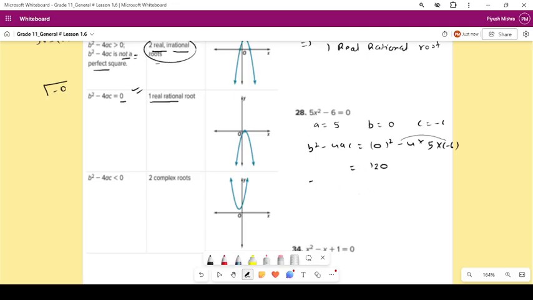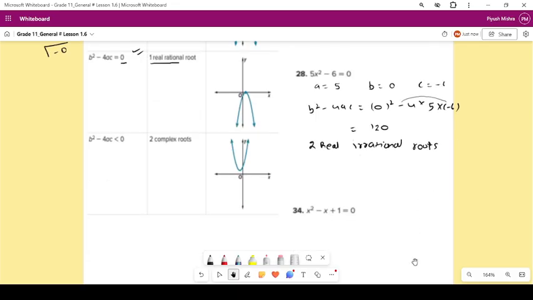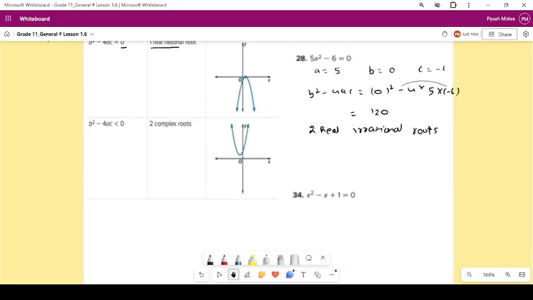So I will be writing here 2 real irrational roots. And if you want to find the roots, you can use the formula which we have done in questions number 1 and 6, and questions number 15 and 23. Same way I have to find this one. a is equal to 1, b is equal to minus 1, c is equal to 1.